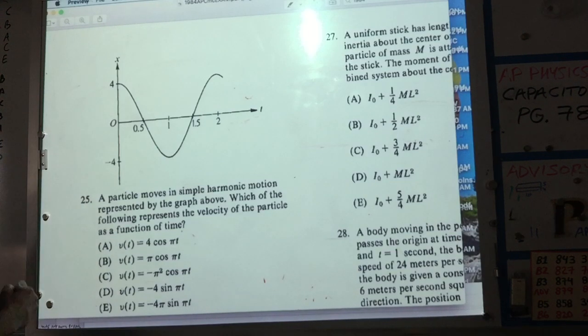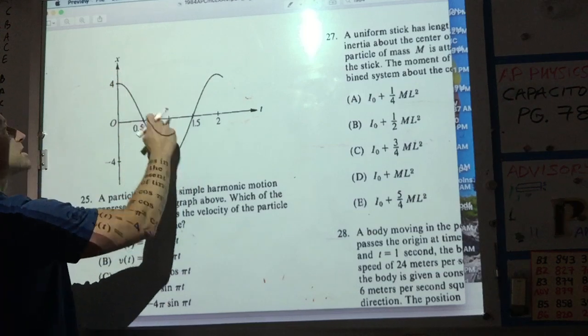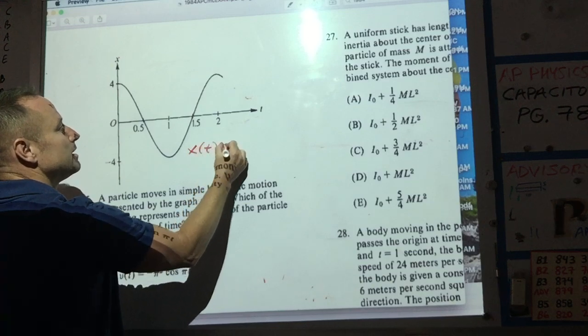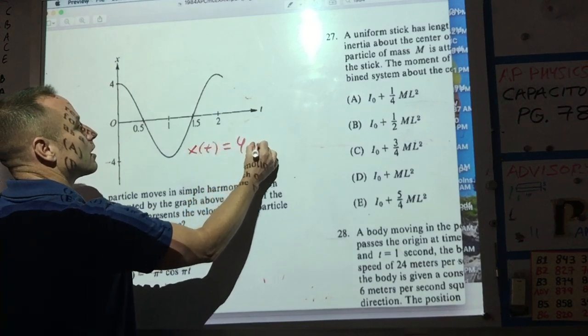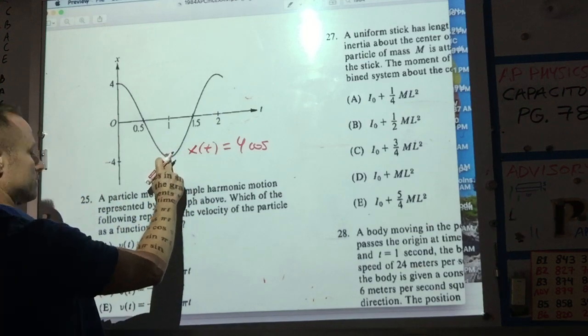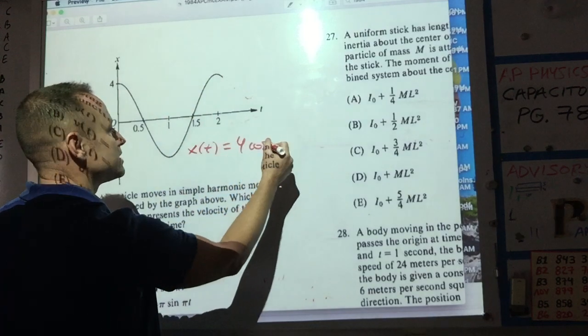So the position is moving like a cosine function, because it starts at maximum. So your x of t is going to be 4 cosine of some stuff. Let's see, what's the period? It repeats every 2.